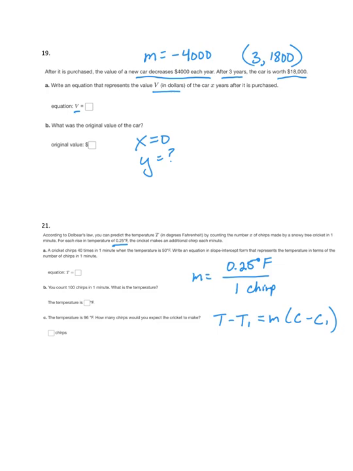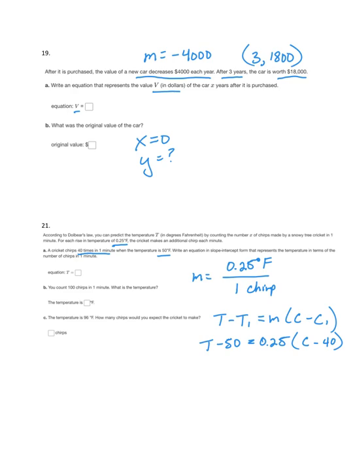And the point that we're going to use is that the cricket chirps 40 times per minute when the temperature is 50 degrees. So T1 is 50, T minus 50 equals 0.25 times C minus 40. The chirps data point we were given was 40.